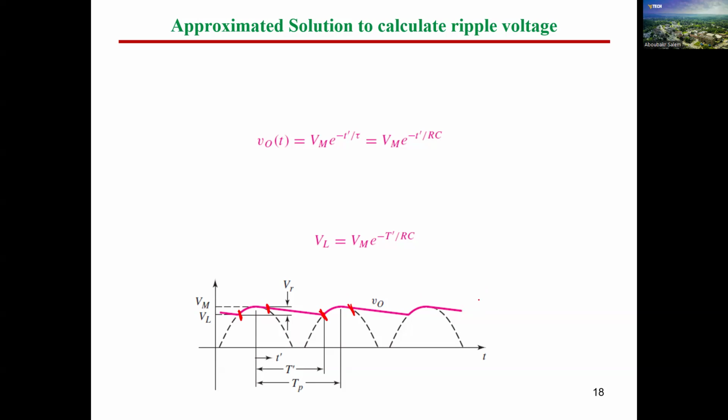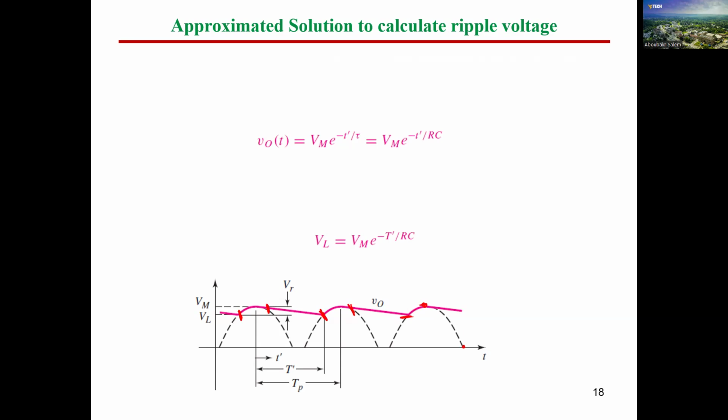Once we added a capacitor in our circuit, a coupling capacitor or smoothing capacitor, the ripple voltages will be less. Instead of having ripples from the peak value to 0, now the minimum value will be this value here. So the ripples will be less if we add a capacitor here.